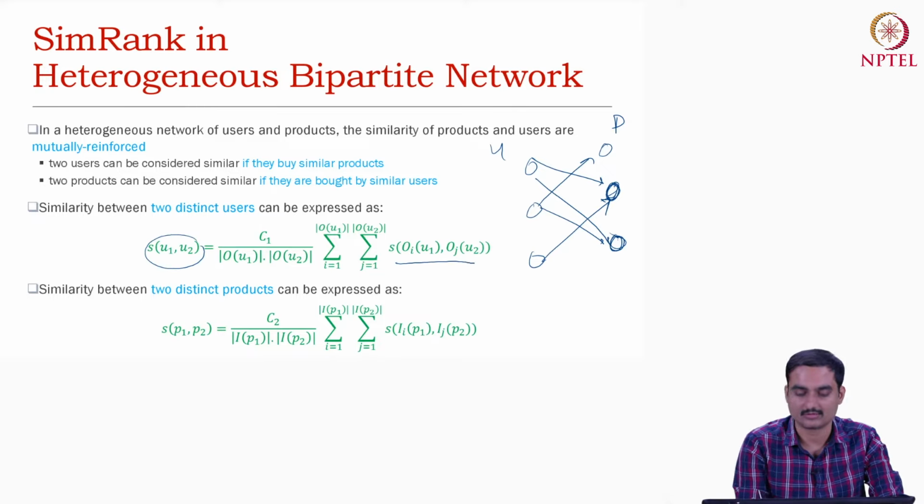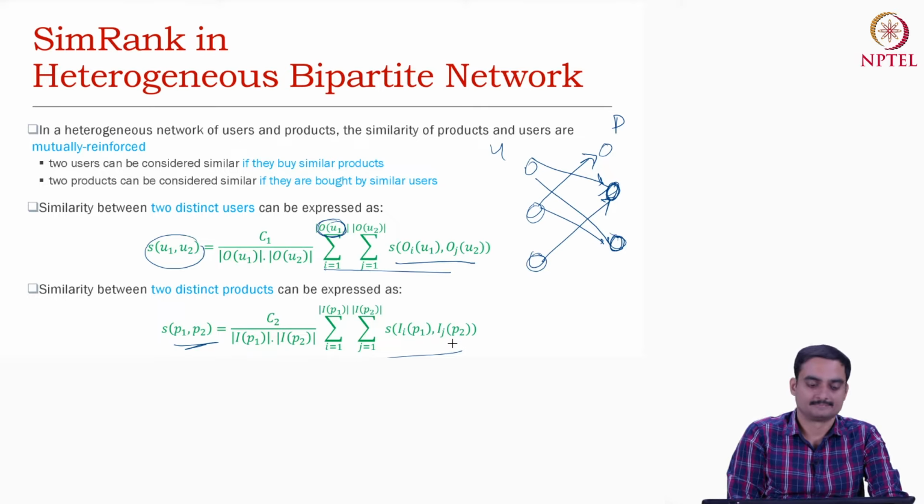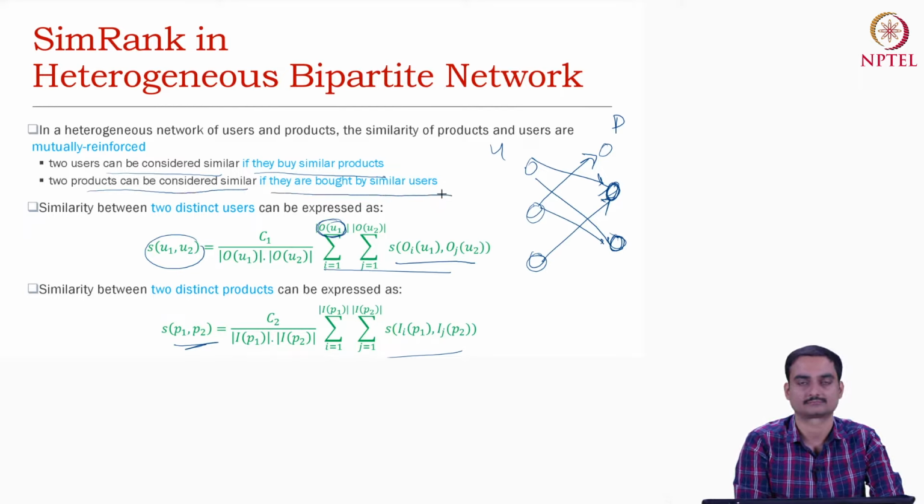Here, outward neighbors of users are products. You see, these are outward neighbors for a user. And for a product, you look at the inward neighbors and their similarity. So two users can be considered similar if they buy similar products. Two products can be considered similar if they are bought by similar users.